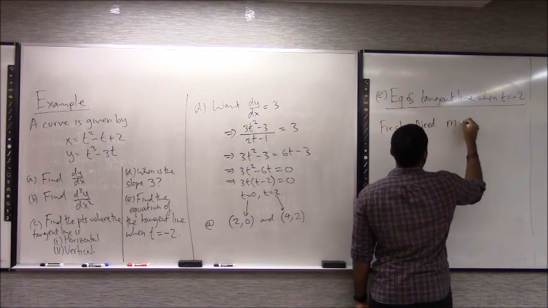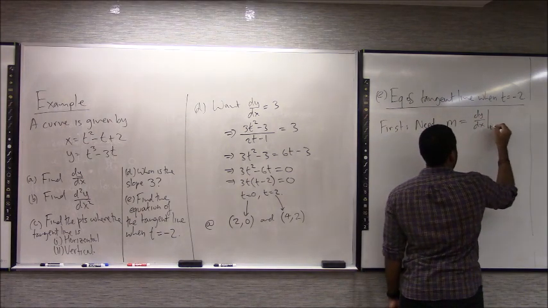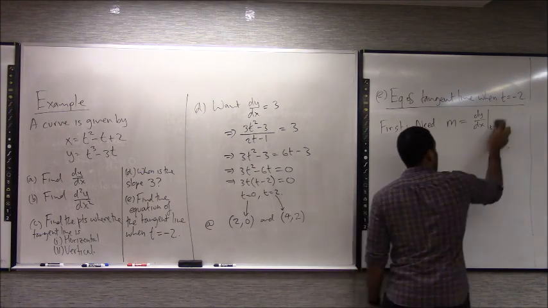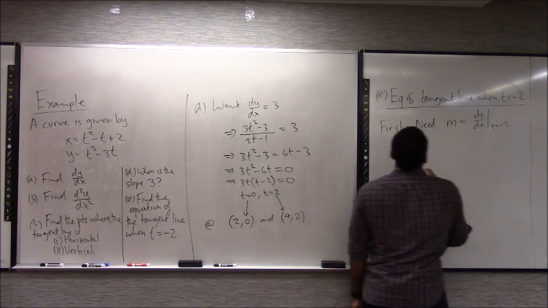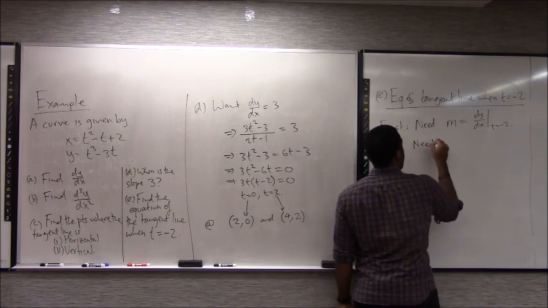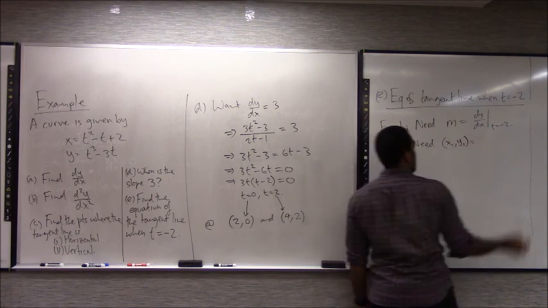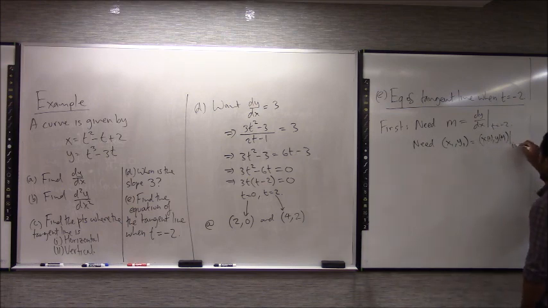We need m, which here is going to be dy/dx evaluated when t equals -2. And we need a point, x1 comma y1, which is just going to be x of t comma y of t, again evaluated when t equals -2.